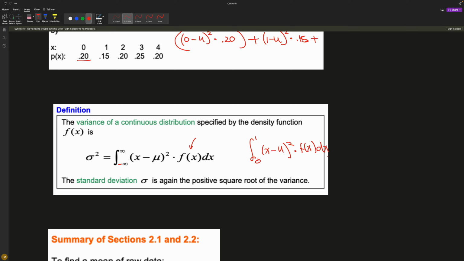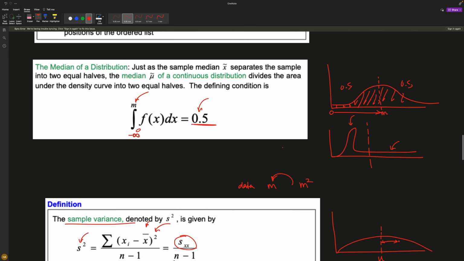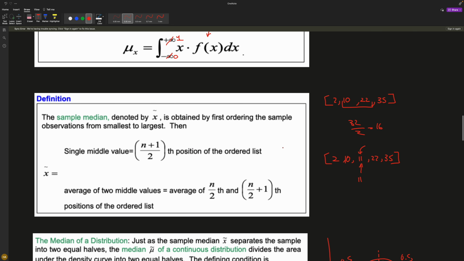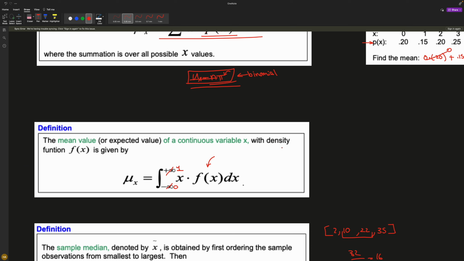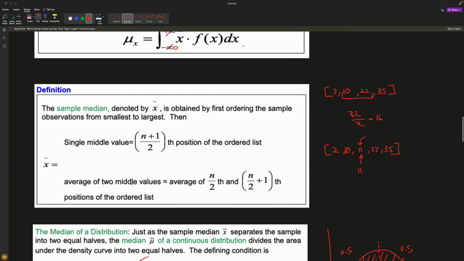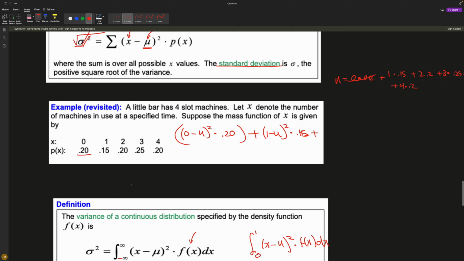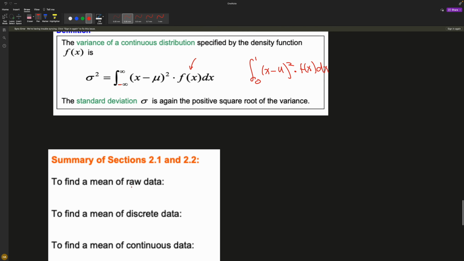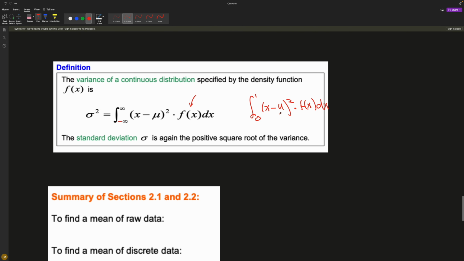Your mu for continuous, remember if we go up, the sample median we don't need. The mean for continuous is just x from 0 to 1 times the function, which you integrate. Once you do this part, you'll get your mu. You'll take your ugly looking mu and sub it in here, and for your x you just leave it as is.